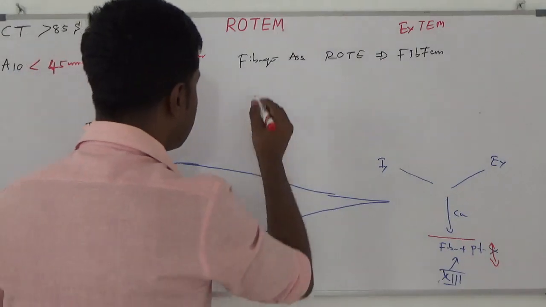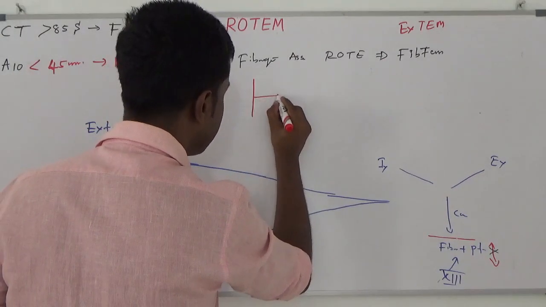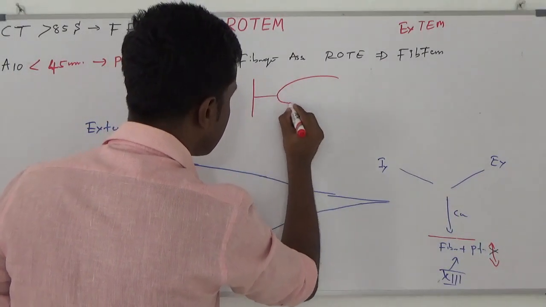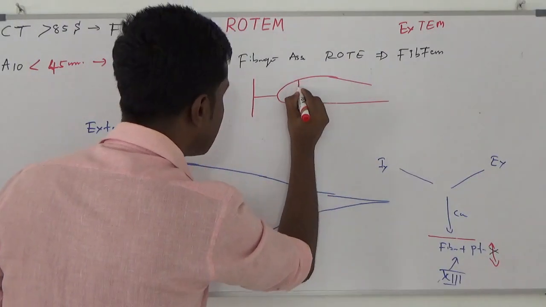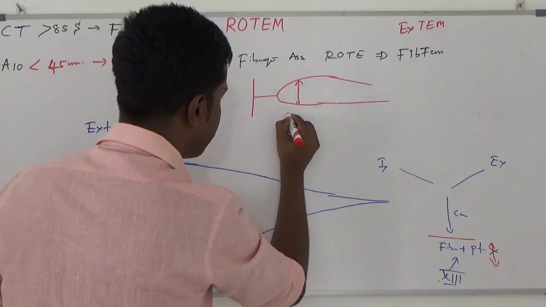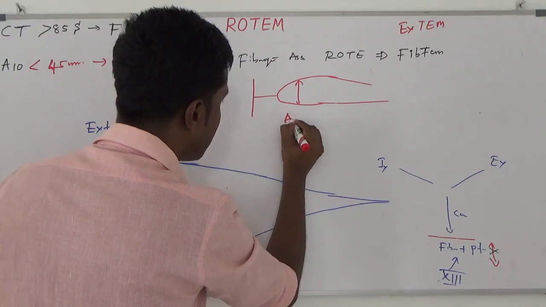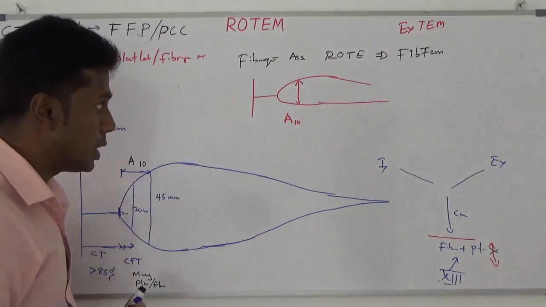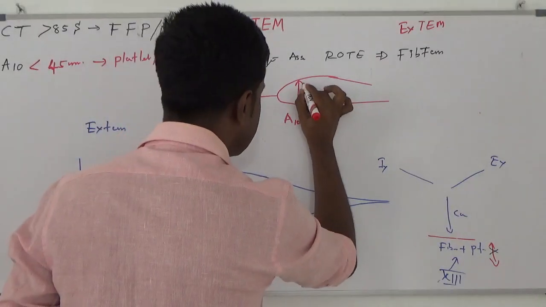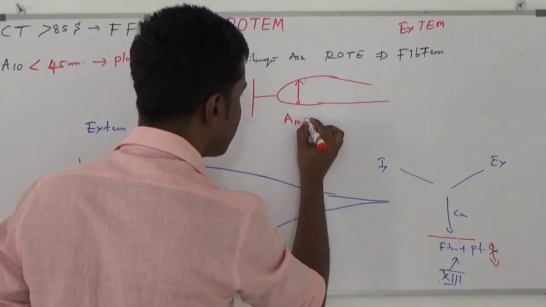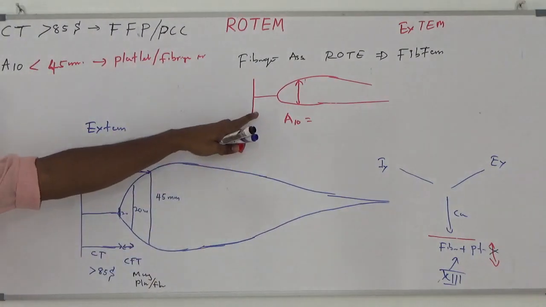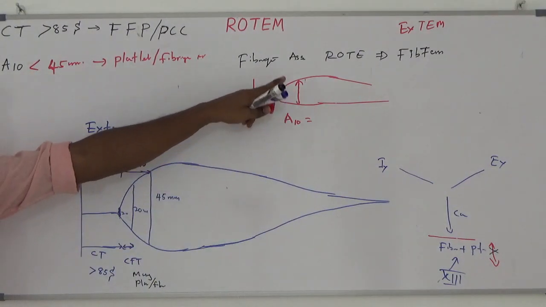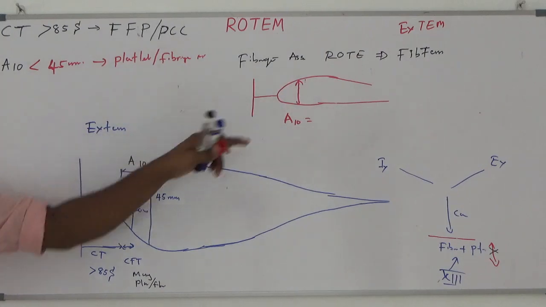So I am running the same sample again and drawing the same graph. Then what I find is A10 in 15, about 10 minutes after starting the coagulation, the maximum length from here to here that I measure.